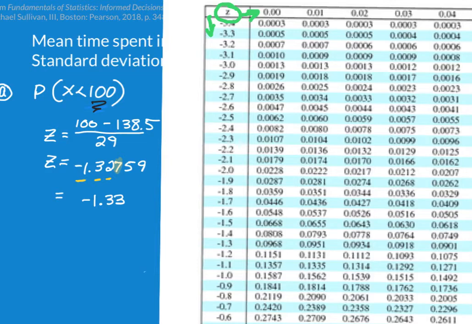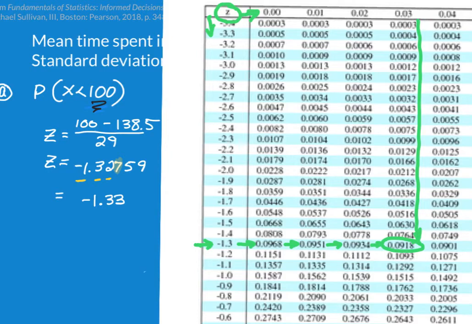So I'm going to go into the table at this negative 1.3, and keep going over: negative 1.30, negative 1.301, negative 1.302, and negative 1.303. So I've gone across that column and down this column to find my number.